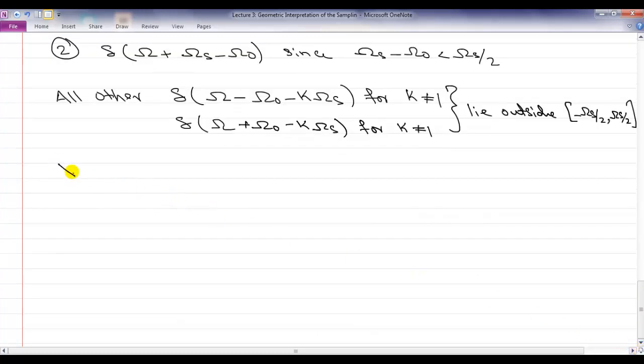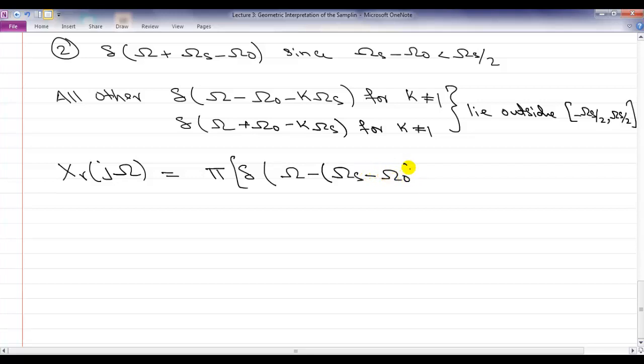So effectively what your XR(jω) is going to look like is π times δ(ω − (ωs − ω0)) plus δ(ω + (ωs − ω0)).